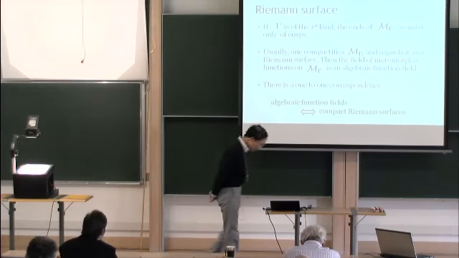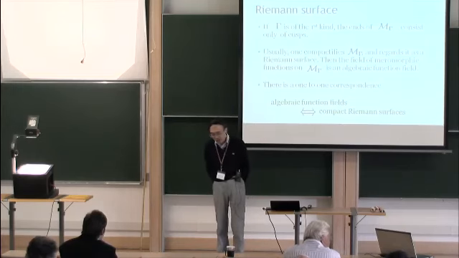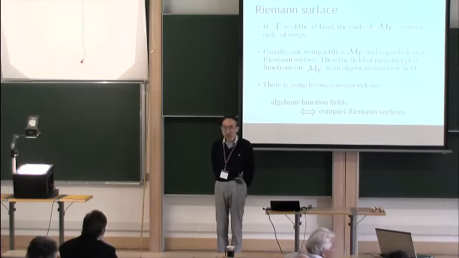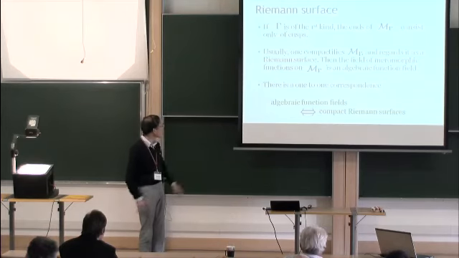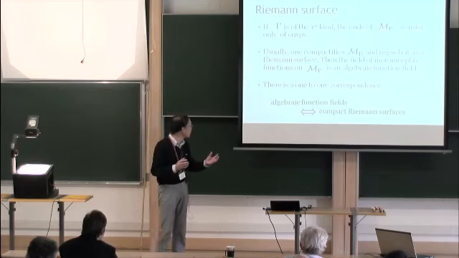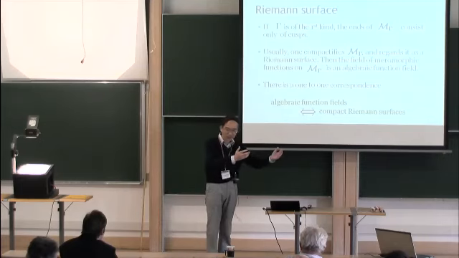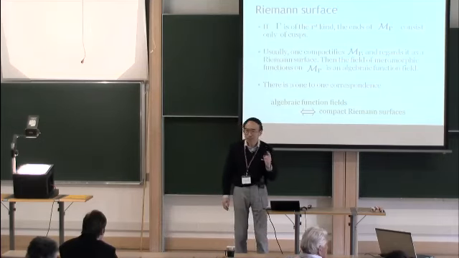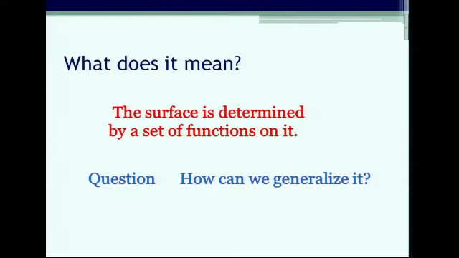Then the set of meromorphic functions on this Riemann surface forms an algebraic function field. It's well known that there is a one-to-one correspondence between algebraic function fields and compact Riemann surfaces. What does it mean? It means that the surface is determined by a set of functions on it.